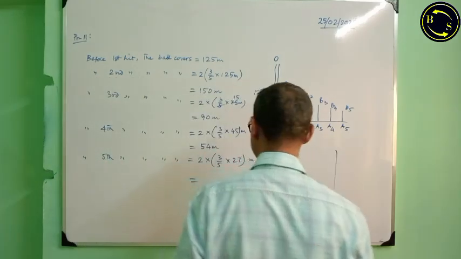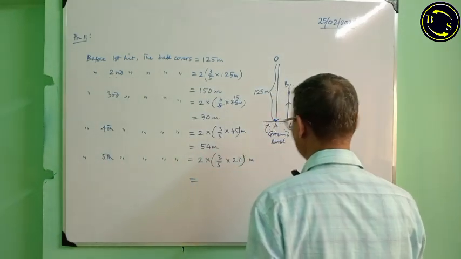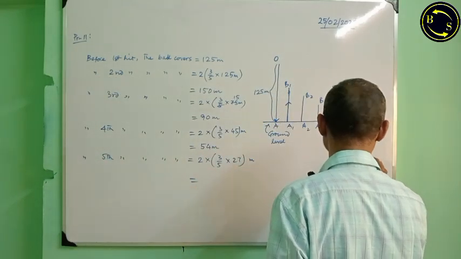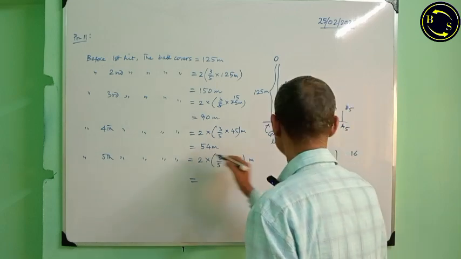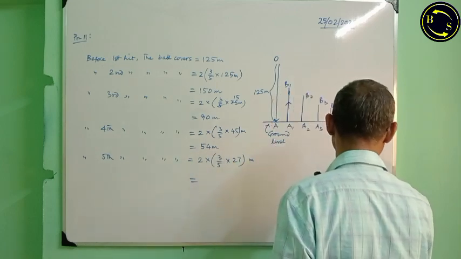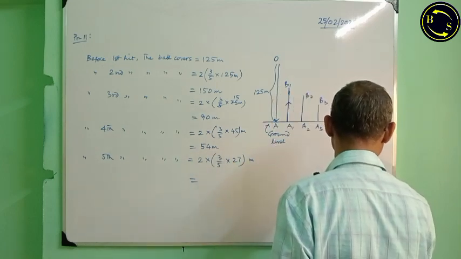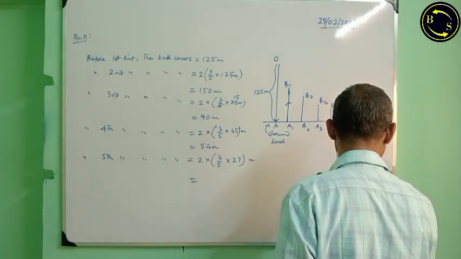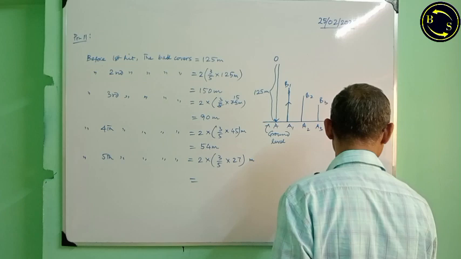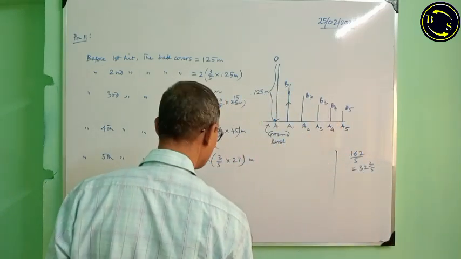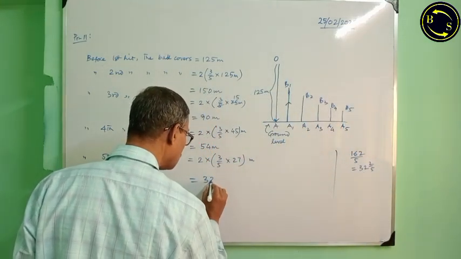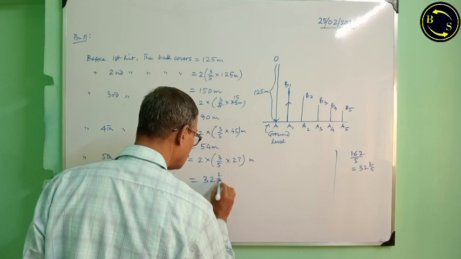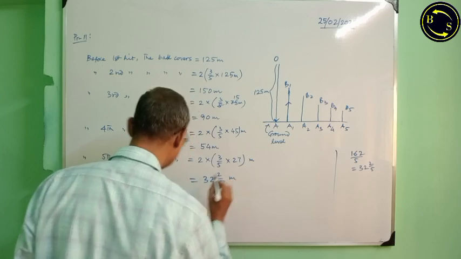I calculate here: 32 whole 2 by 5 meter.